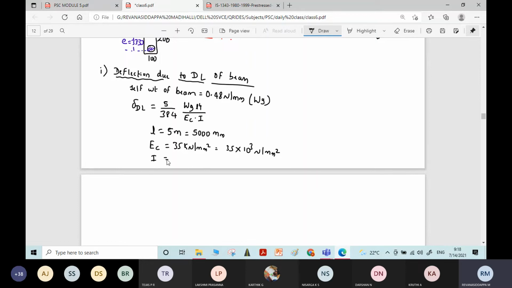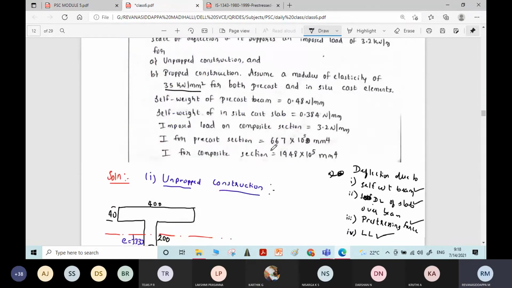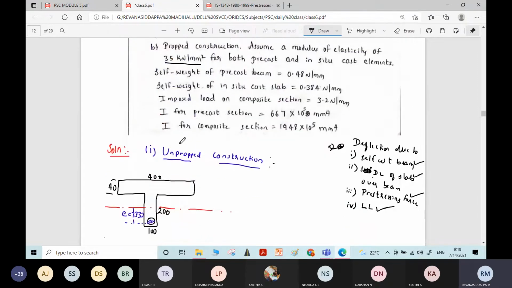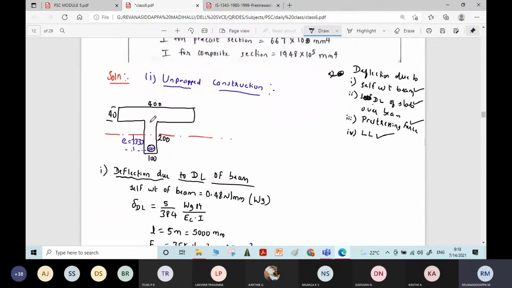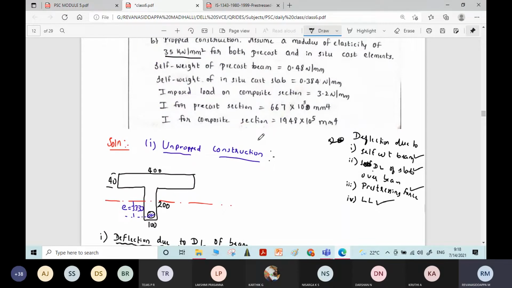Then the moment of inertia of the beam. Precast section means it is the beam only. We are finding deflection due to dead load of the beam, so the moment of inertia corresponding to this beam only should be taken for the calculation.